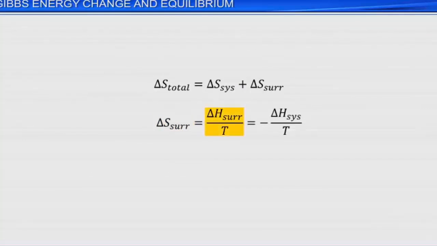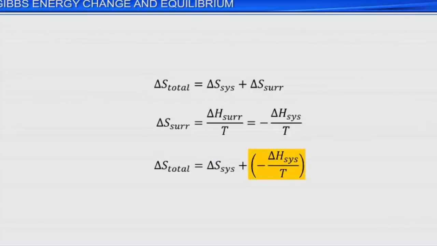On substituting the value of delta S surrounding, we get delta S total equals entropy change of system, delta S system, plus minus enthalpy change of system, delta H system, divided by temperature T. On multiplying both sides with T, we get T delta S total equals T delta S system minus delta H system.